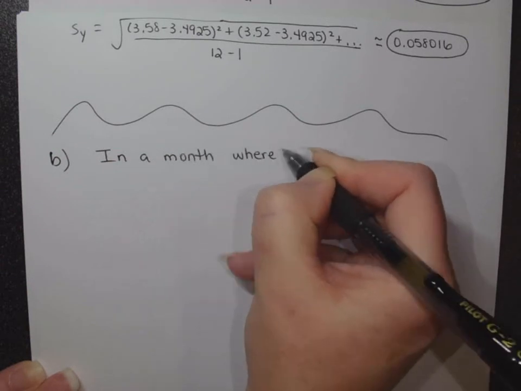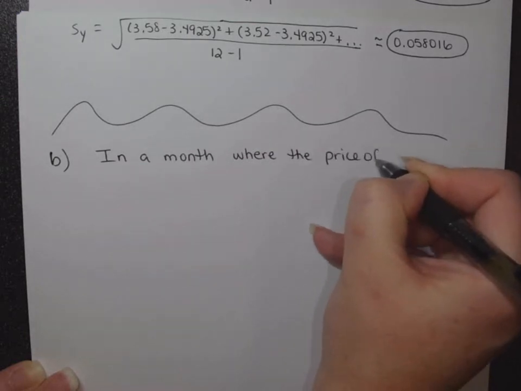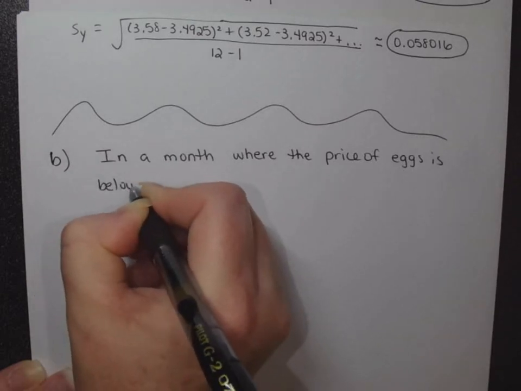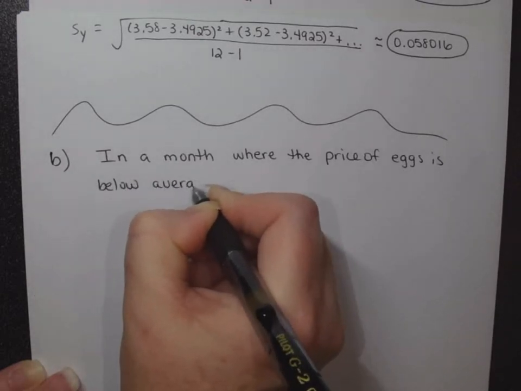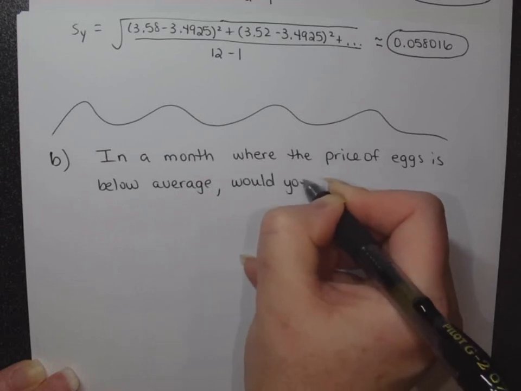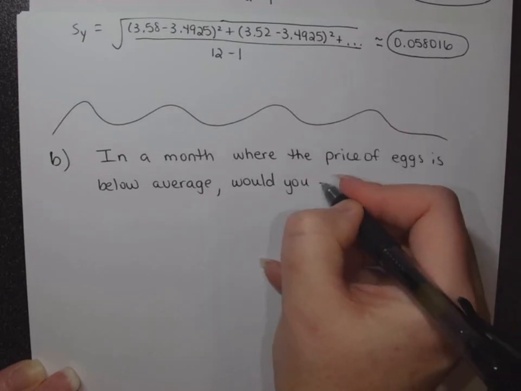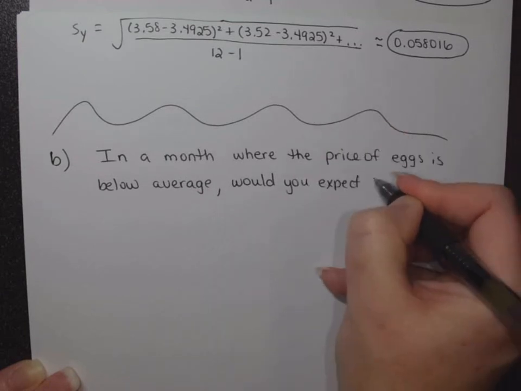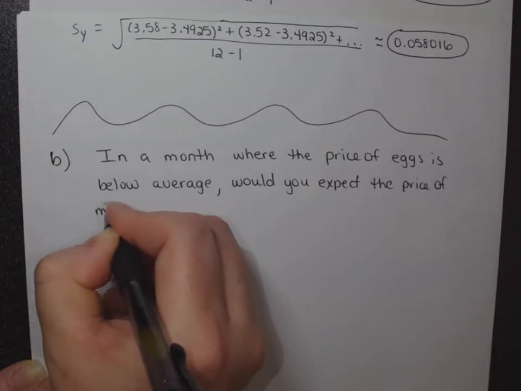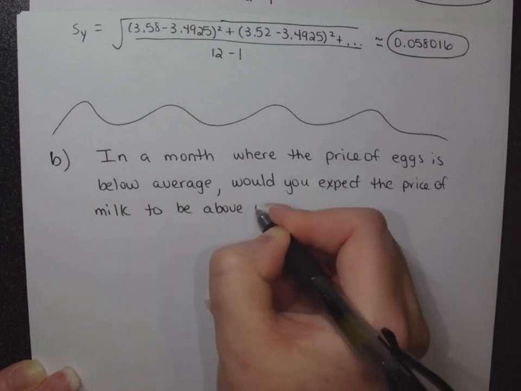In a month where the price of eggs is below average, would you expect the price of milk to be above or below average?